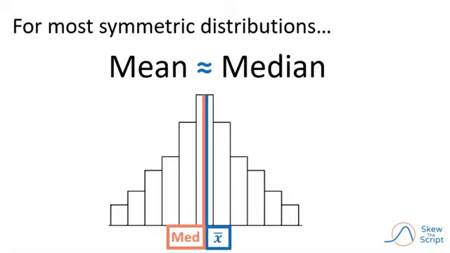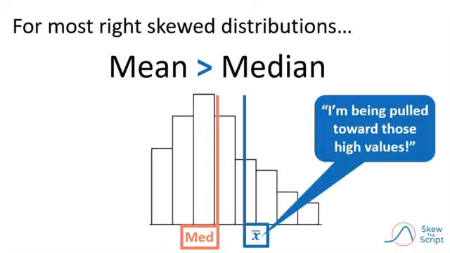So when we have a distribution that is fairly symmetric, the mean and the median will be approximately equal to each other. When we add a right skew to the distribution or an outlier that is large, that means that the mean will be affected by that outlier or that skew, and it will get pulled toward those higher values.